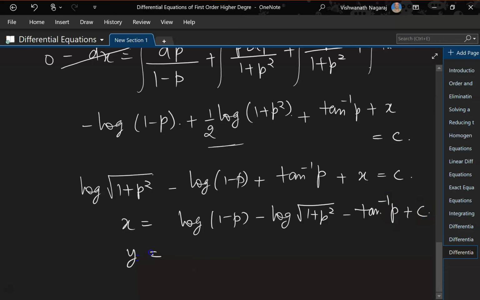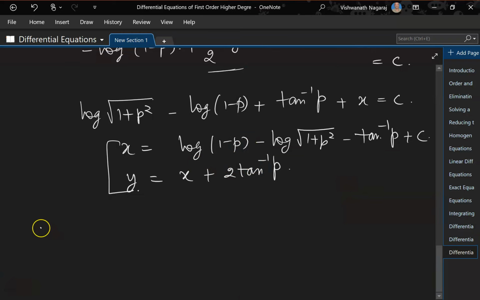And y is equal to, our problem statement itself says y is equal to x plus 2 tan inverse of p. So this is the set of equations which provides the solution.